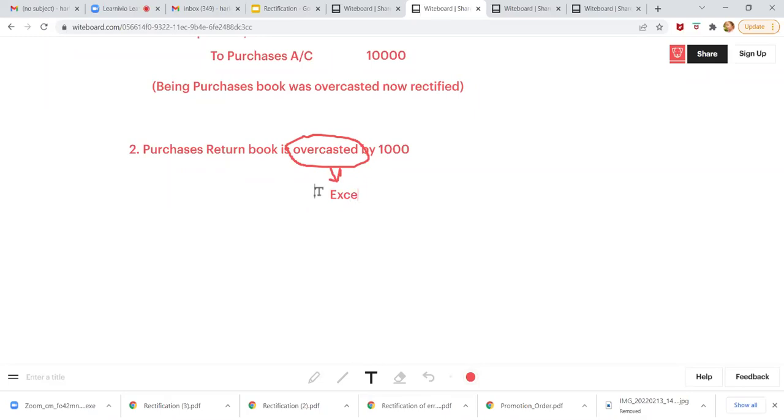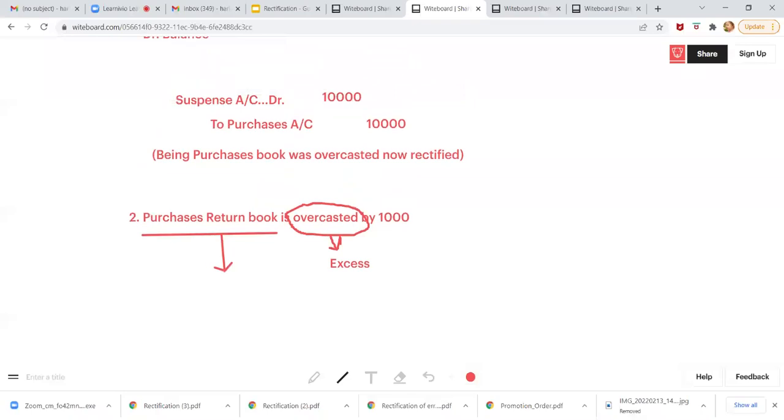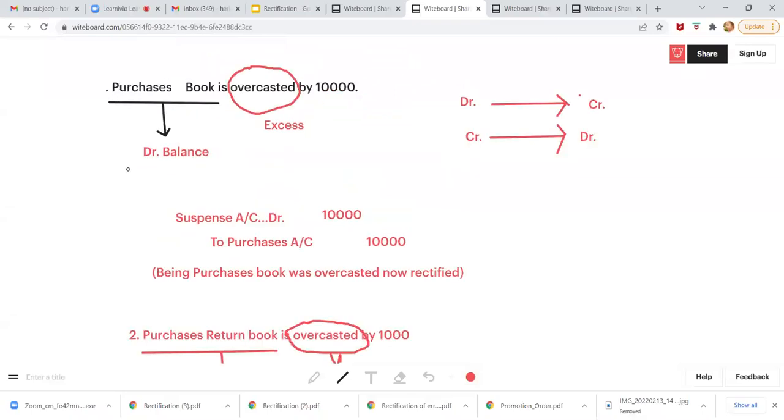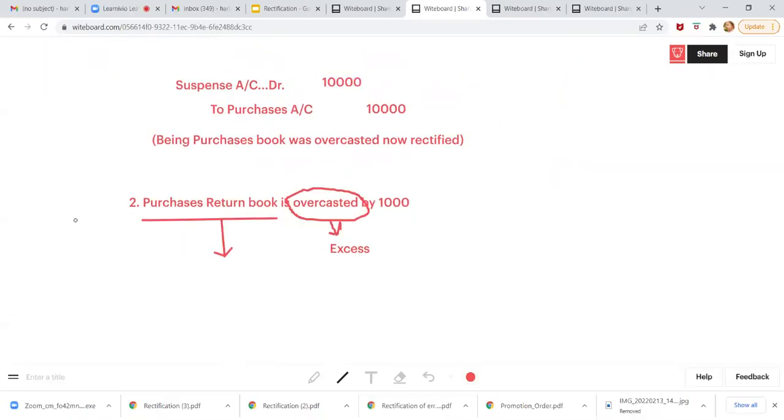So first tell me, Khushi, what is the balance of the purchases return book? See, purchases book has the debit balance, but when I talk about purchases return, whatever you have purchased, you have returned it, so it will be credited.